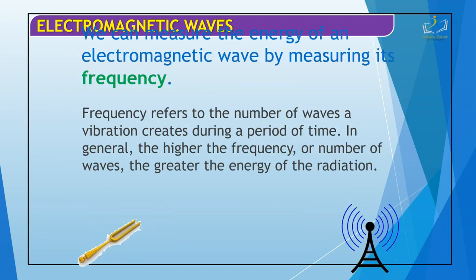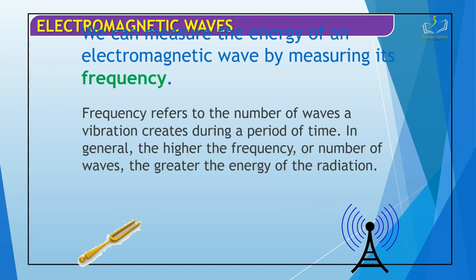We can measure the energy of an electromagnetic wave by measuring its frequency. Frequency refers to the number of wave vibrations created during a period of time. In general, the higher the frequency, the greater the energy of the radiation.